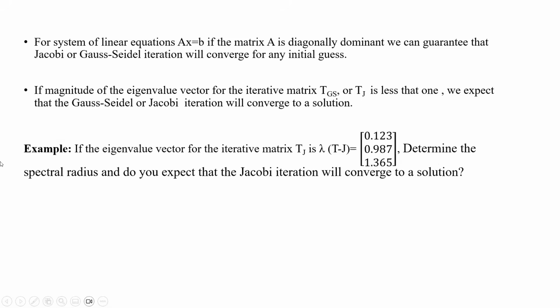As you can see, the spectral radius for this Jacobi matrix is 1.365, and this is larger than 1. Okay, for this reason, no, because the spectral radius is larger than 1, and we cannot guarantee convergence.